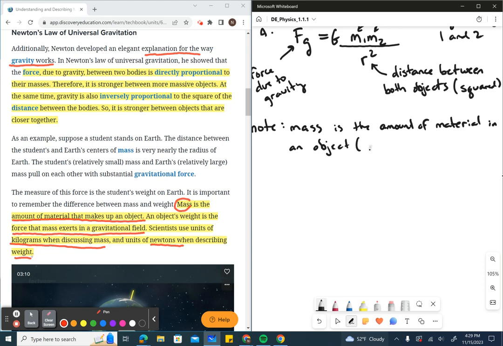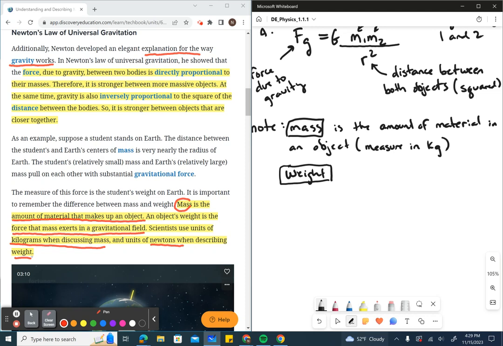We measure that in kilograms. Weight is that mass multiplied times the field of gravity.